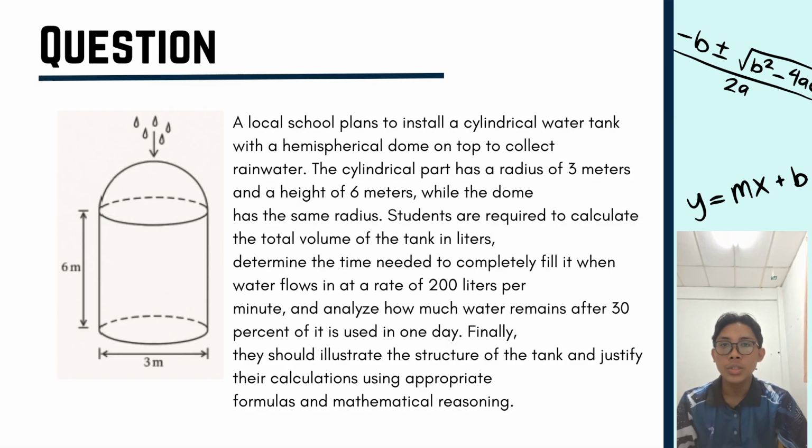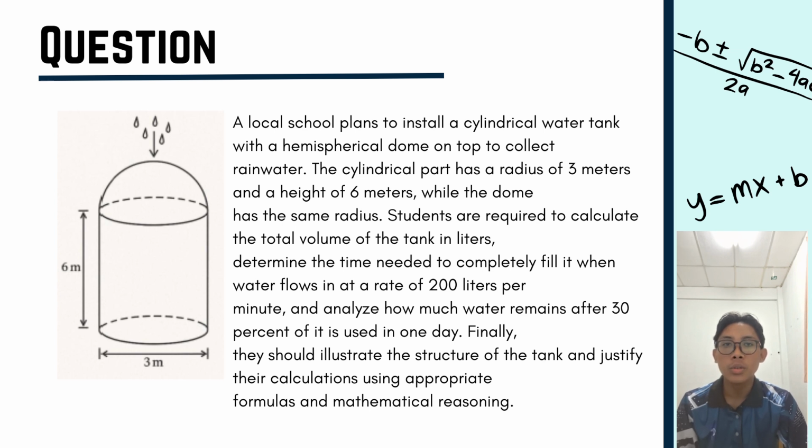So, for the question, a local school plans to install a cylindrical water tank with a hemispherical dome on top to collect rainwater. The cylindrical part has a radius of 3 meters and a height of 6 meters, while the dome has the same radius.